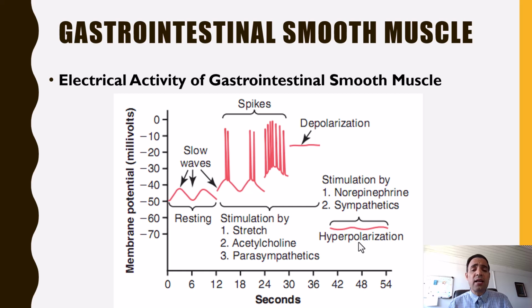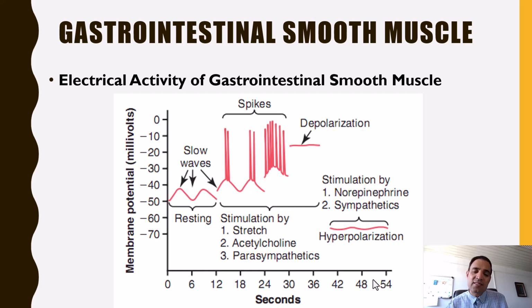And on the other hand, some factors may inhibit the activity of slow waves and make the resting membrane potential a little more repolarized, or I can say hyperpolarized. And this is particularly the activity of the sympathetic nervous system, norepinephrine, that is released by the sympathetic nervous system. And you can see that when the sympathetic nervous system is stimulated, the resting membrane potential will drop, will be hyperpolarized to about minus 70.